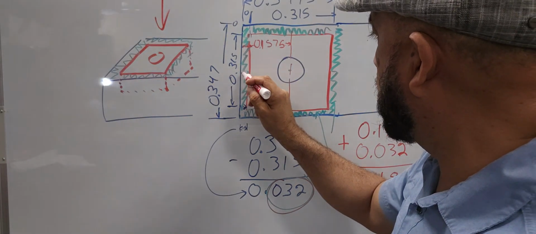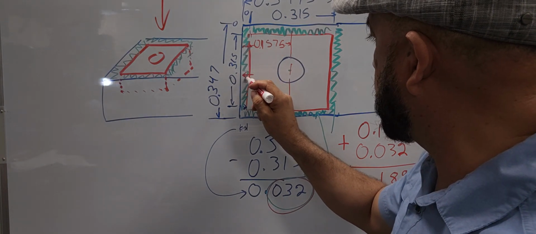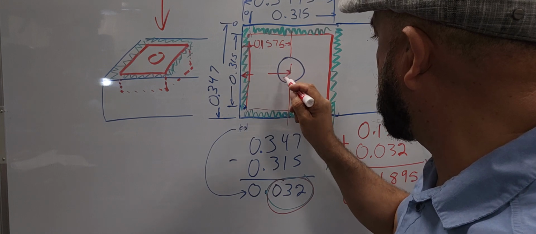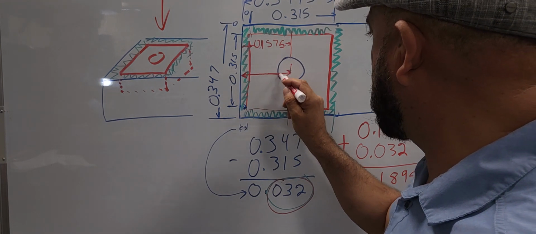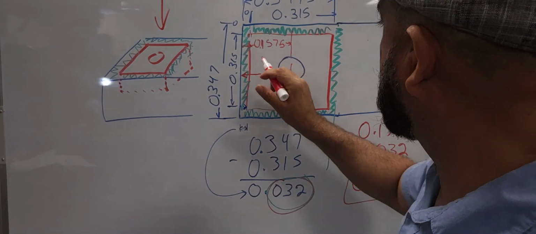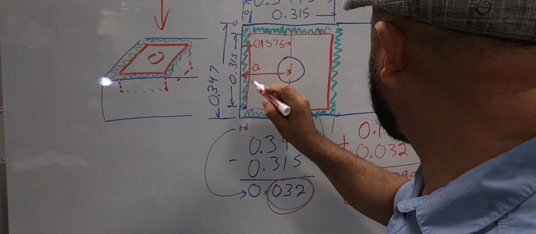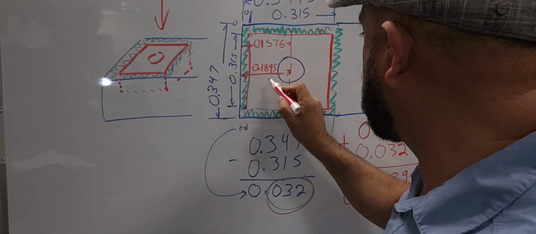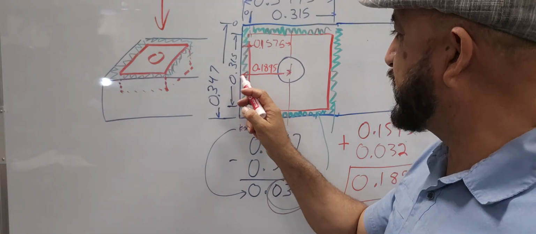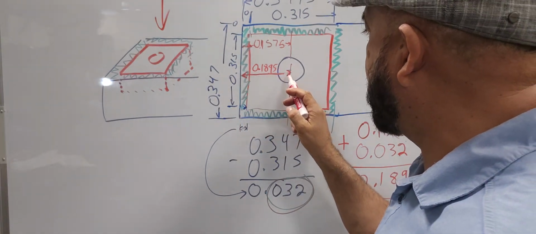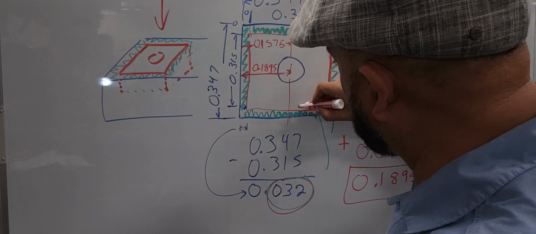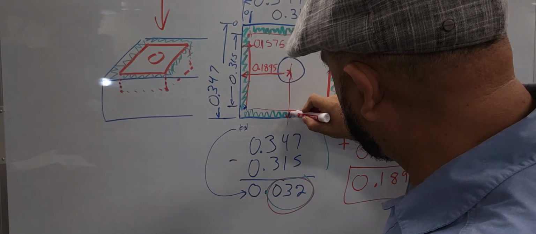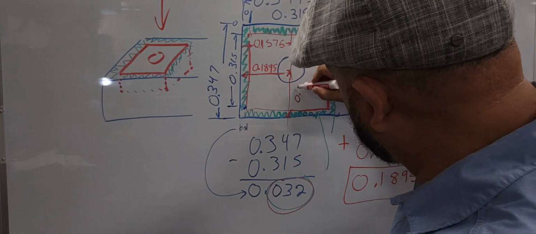So I'm gonna make an arrow right here. The distance from that edge, touch that edge, all the way to this edge right here. That distance right there. It's 0.189. That's what we need to go as far as that. And since this is a square, it's going to be also the same distance from here to here. 0.1895.